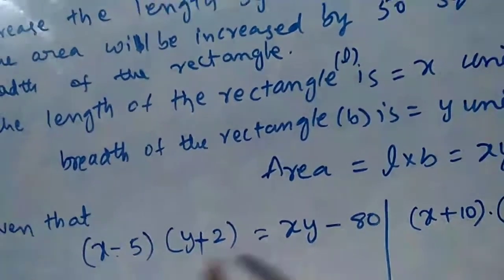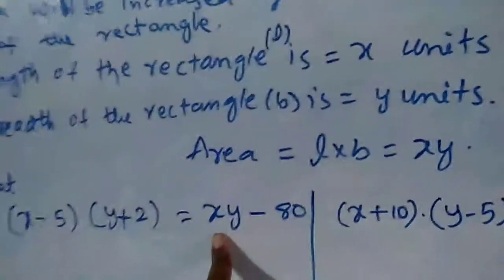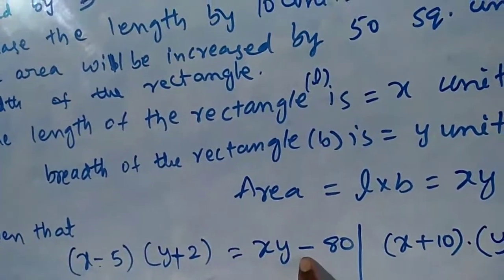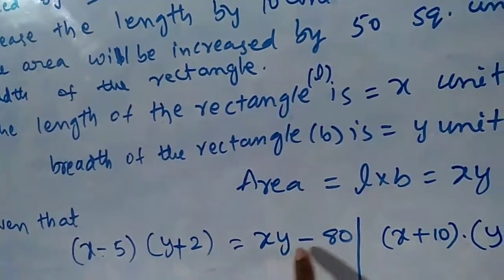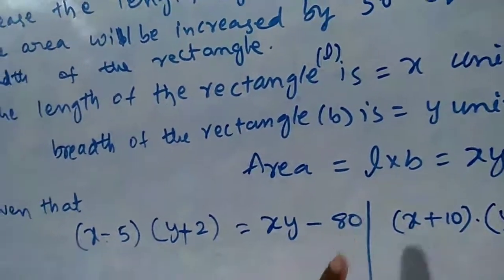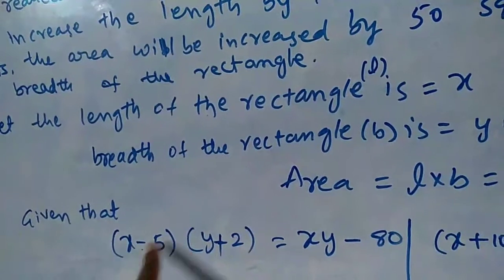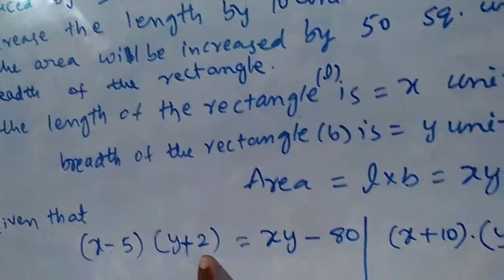So L into B is equal to this, the area of the actual rectangle is reduced by 80, so it is minus 80. Okay, understood? So area of the rectangle is reduced by 80 units by decreasing length by 5 units and increasing breadth by 2 units.